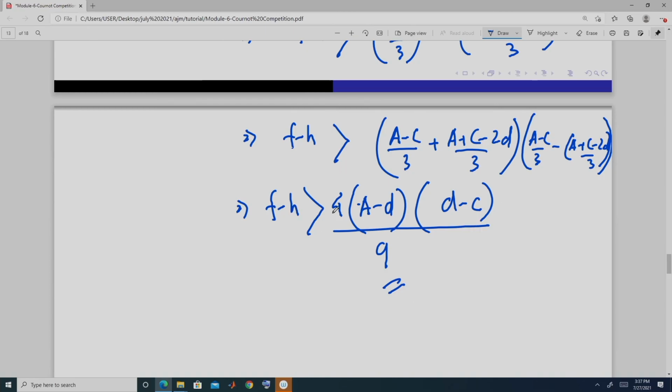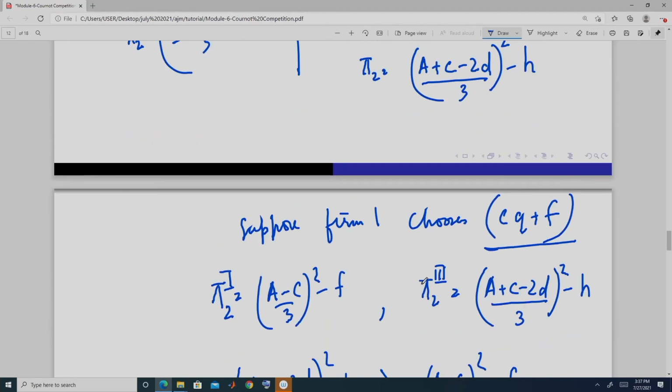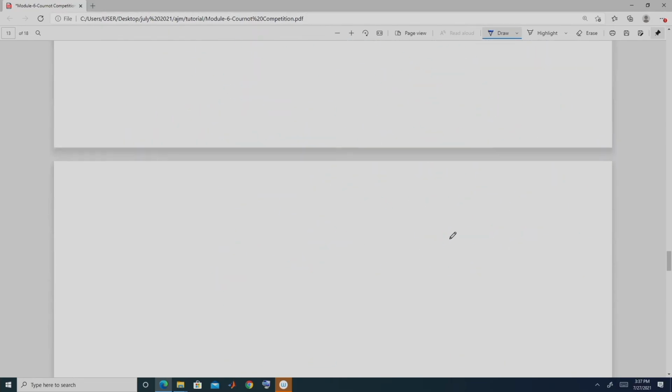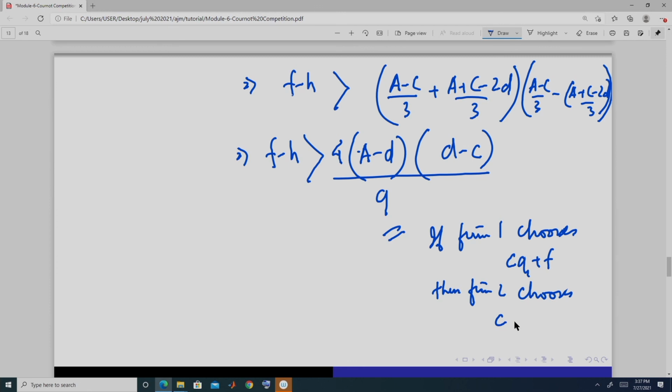If this is the case, then when farm 1 chooses this, farm 2 chooses this as the cost function, right?